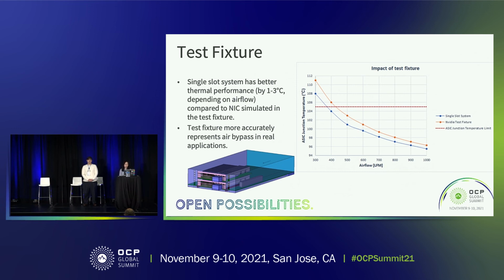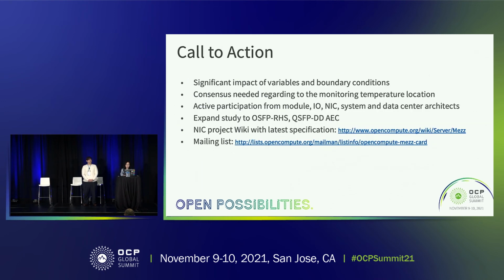So we compared the single slot system and the test fixture thermal modeling method. We see the temperature can differ by about 1 to 3 degrees C, but the difference gets smaller when the airflow gets pretty big. So in early stage thermal analysis, we recommend using the test fixture, which more accurately represents the air bypass in real applications.